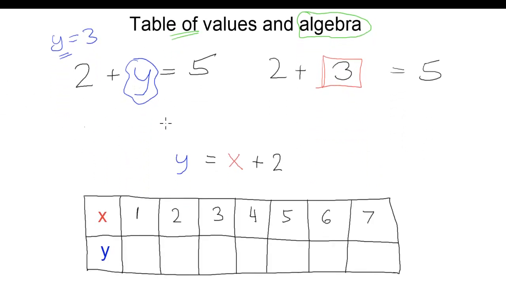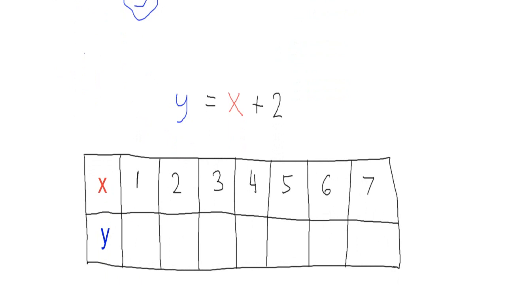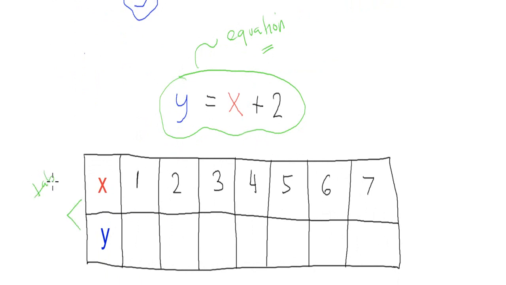But now I'll go into something which is related but a bit different. Down here we have something we call an equation: y equals x plus 2. From that equation we can often fill in a table of values, and below here is your table of values.